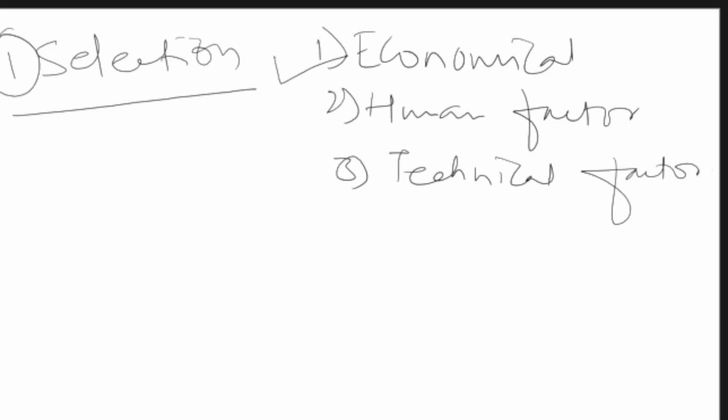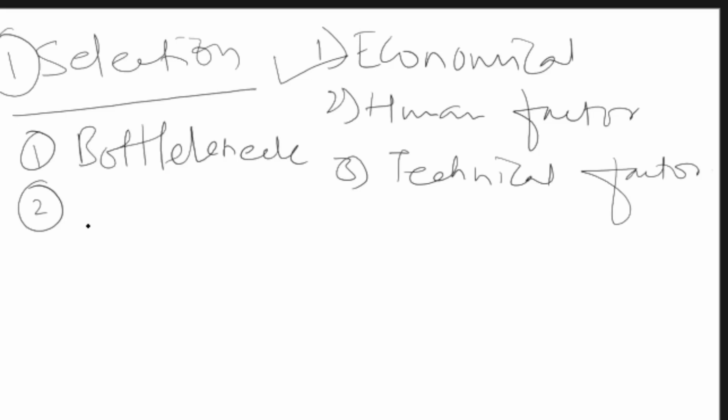So, on the basis of economical factors, the jobs are selected which are having, first, a bottleneck. A bottleneck holds up the other production activities, so it is very important. Next is operations which are repetitive.